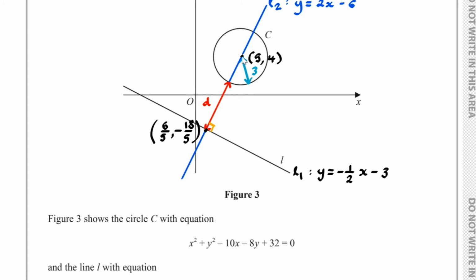And so what we need to do now, to find out this distance t, I need to subtract off this radius of 3.